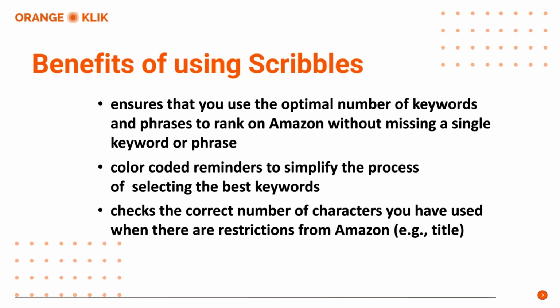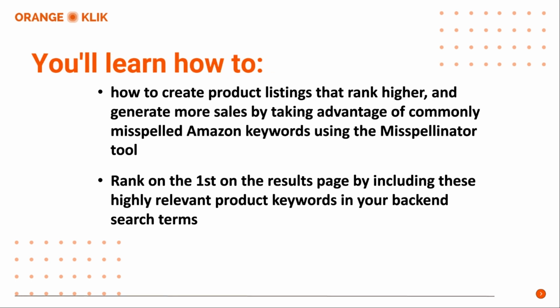So I hope today you were able to see the value of using misspelled keywords, taking advantage of those frequently searched but commonly misspelled Amazon keywords by using a very efficient misspelling generator called Misspellinator.